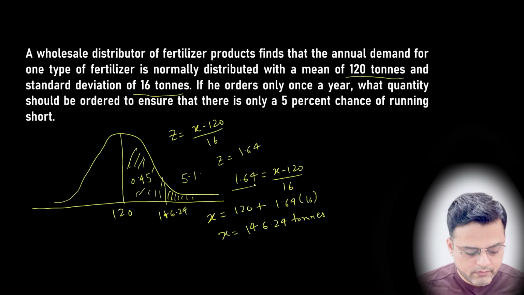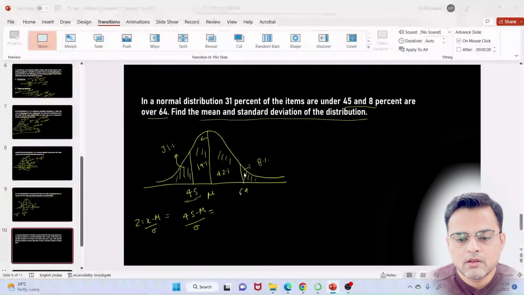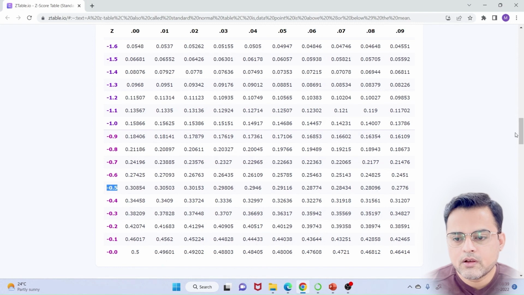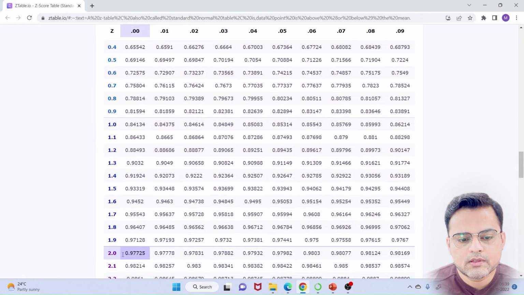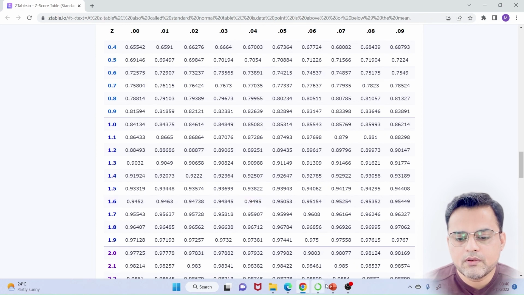So if you have to find the z value, it will be 1.64. We'll see that at 1.64 what is the area on the right side. So this is 1.6 and 4, which will cover the 95% of the area, which we have seen over here.